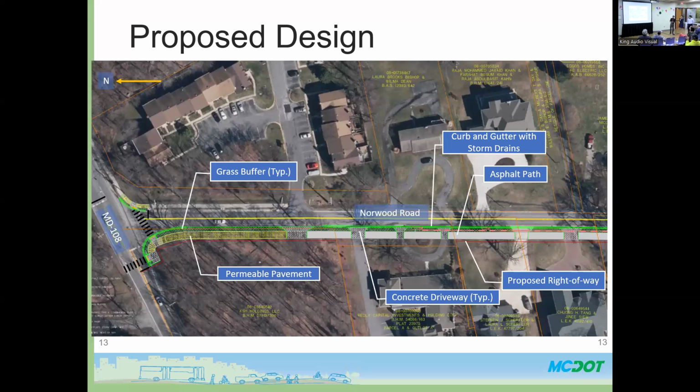So our project, again, just to stay on focus, we are just building the shared use path. Traffic, speed, speed limit, people volume, signs, crosswalks, pavement markings, those things. What we can do is collect all of your concerns and forward them to our traffic expert. They handle everything traffic related.